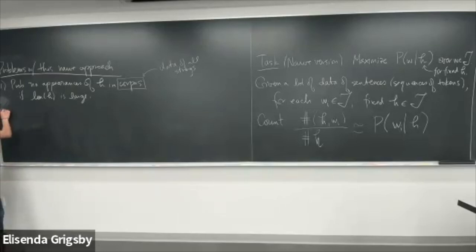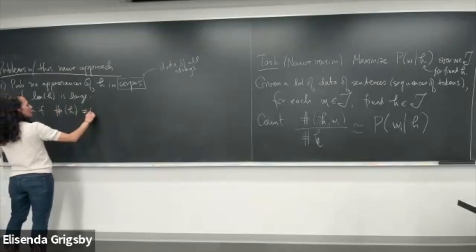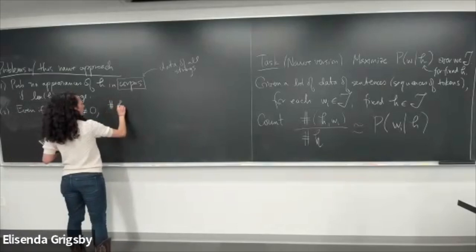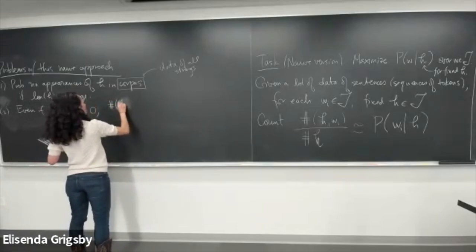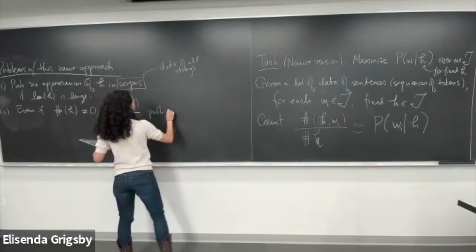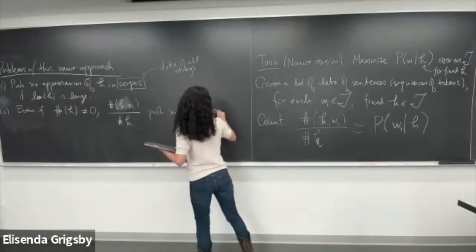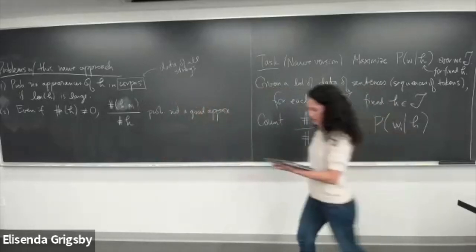And two, even if H appears, it's probably not a good approximation, because these counts might be zero as well.